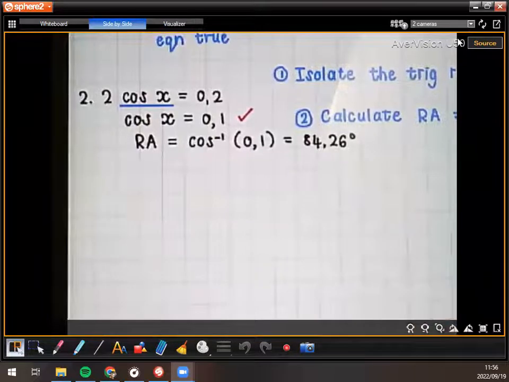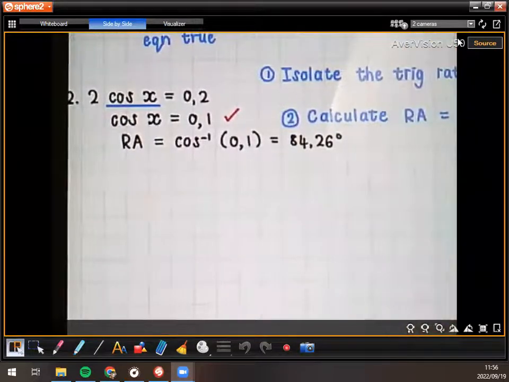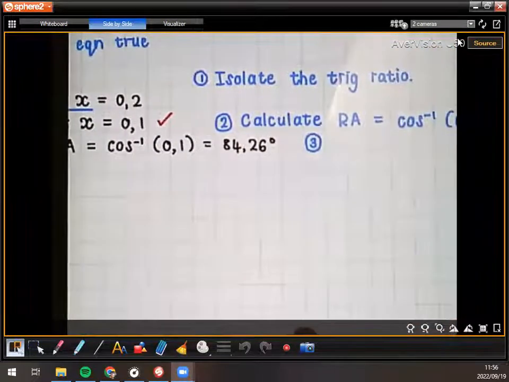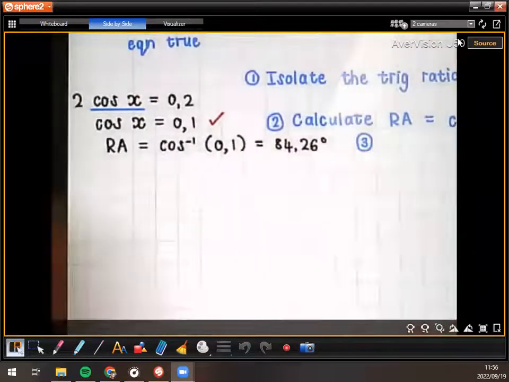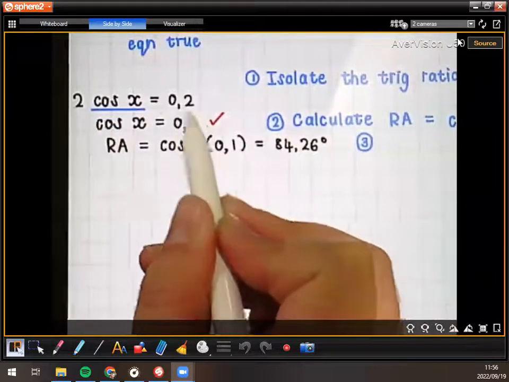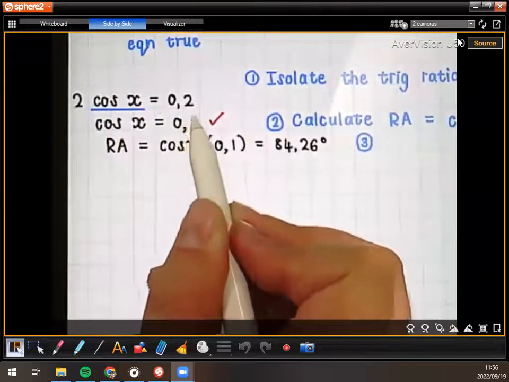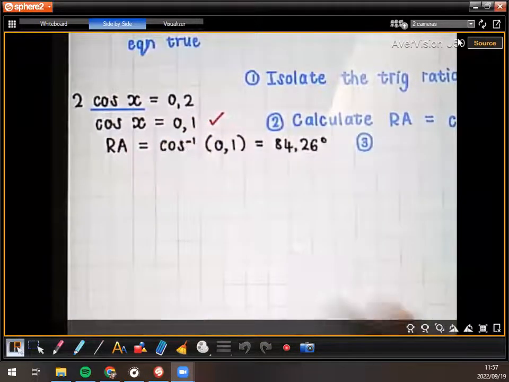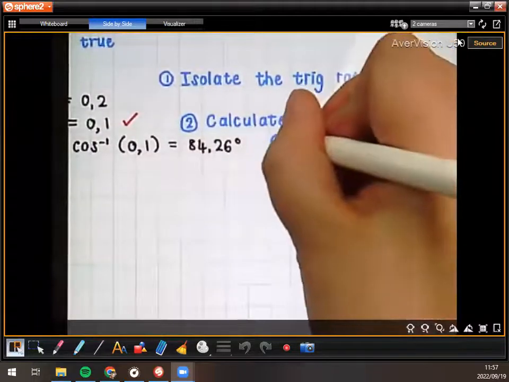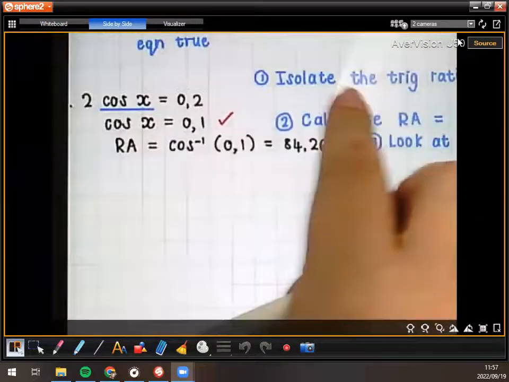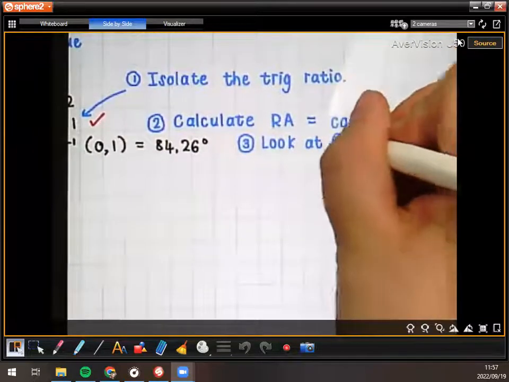Now to get the second one is a bit complicated, and we do need to follow a bunch of steps to get there. So step 3 is going to be, you need to look at this line here, where you had your trig ratio isolated, where we had cos x equal to 0,1. Guys, is 0,1 positive or negative? Positive. Okay, so we're going to look at the sign of that value. Is it positive or is it negative? Okay, so I'm going to say, look at 1, because this was 1.